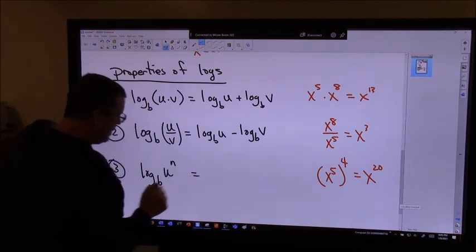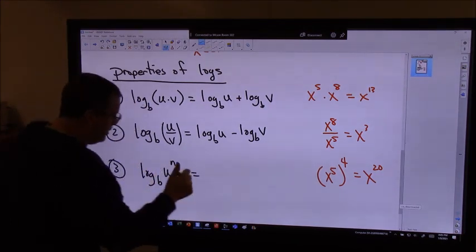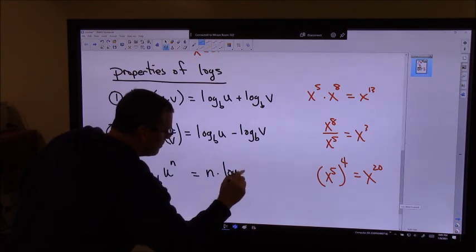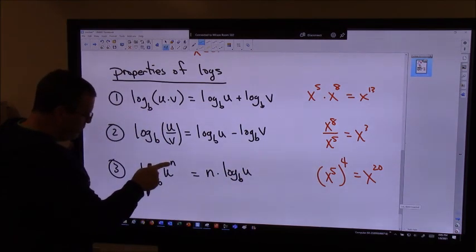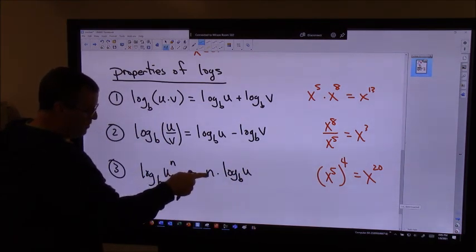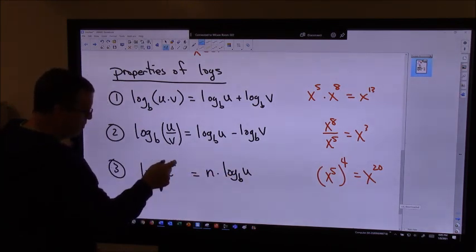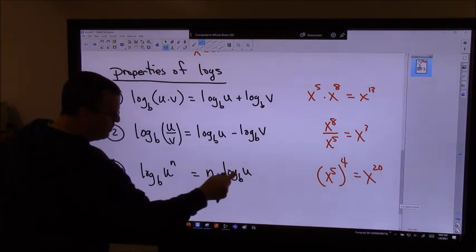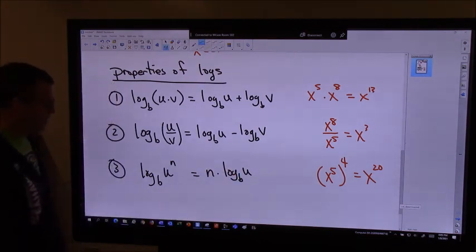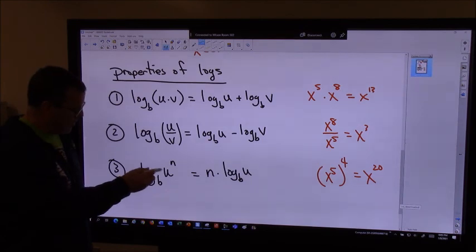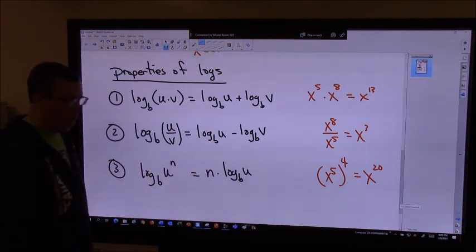And the way I'm going to write that is I'm going to say, let's bring that n down in front. And it was an exponent here, so it's still an exponent there. And we know logs are exponents. So an exponent raised to an exponent, we multiply those two exponents. Now, most of the time what we're going to say is that if you've got a log of something raised to an exponent, you just bring that n down in front and write it there.